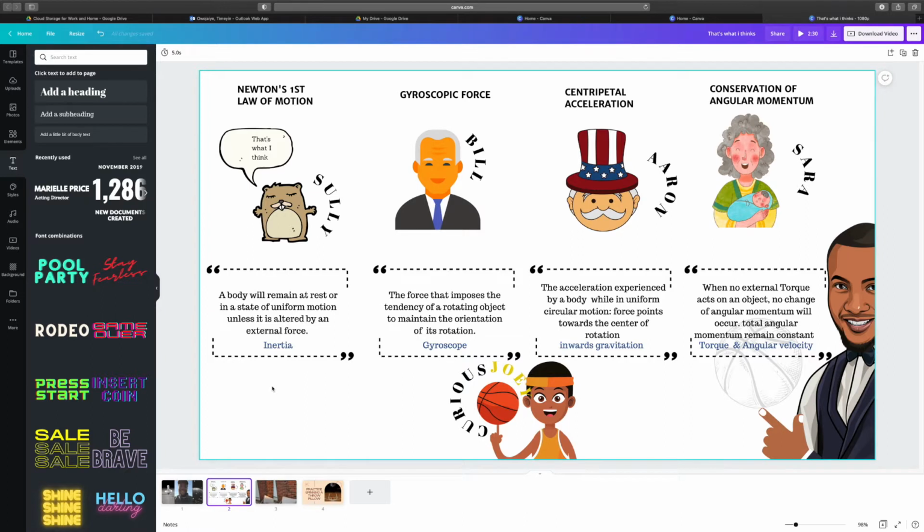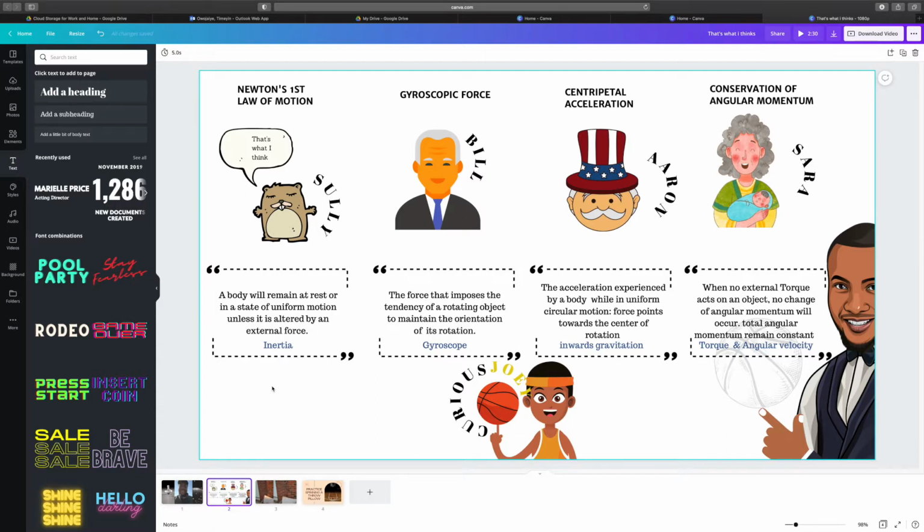Okay, so now we are gonna talk to our friend Sully. Sully thinks that the reason why the basketball stays in its plane of rotation is because of Newton's first law of motion, which basically states that a body will remain at rest or in a state of uniform motion unless it is altered by an external force.